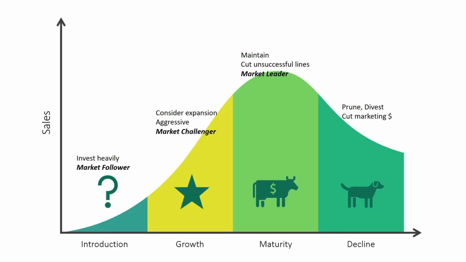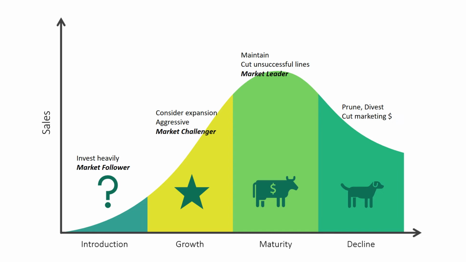I think overlaying the product life cycle on the BCG matrix provides a better picture of what's happening with this model. The question mark is a product you are not sure of, or one that is probably in the introduction stage where significant investment is required. Could very well be a startup company.